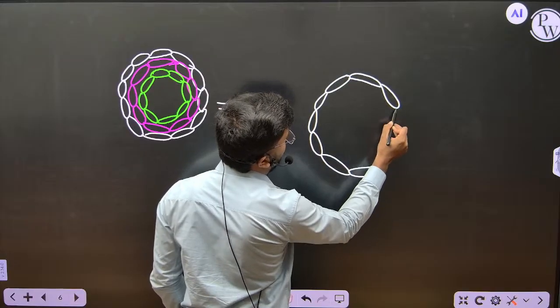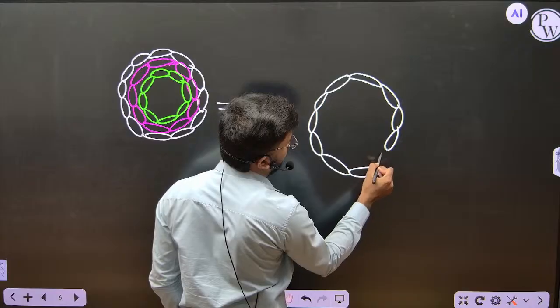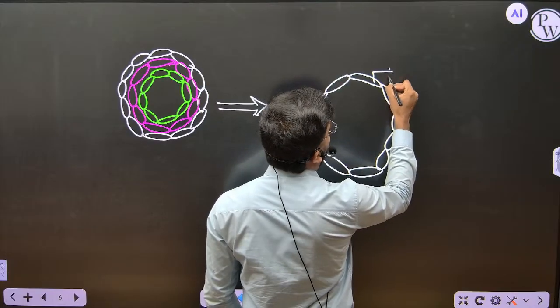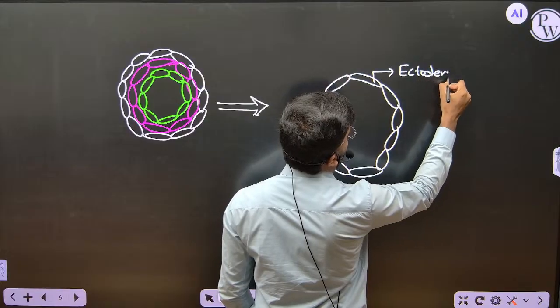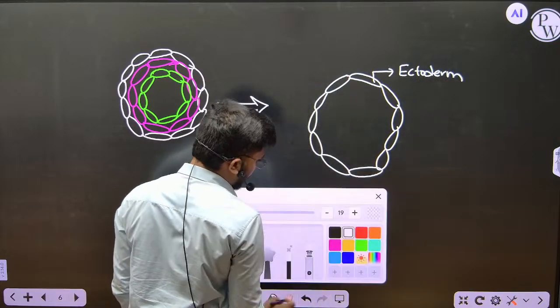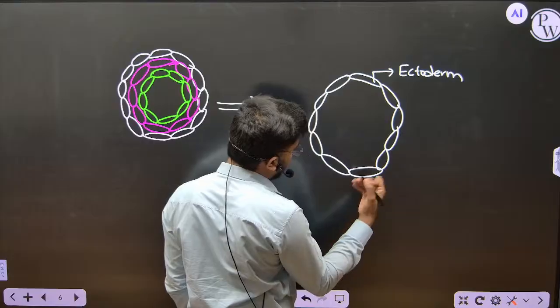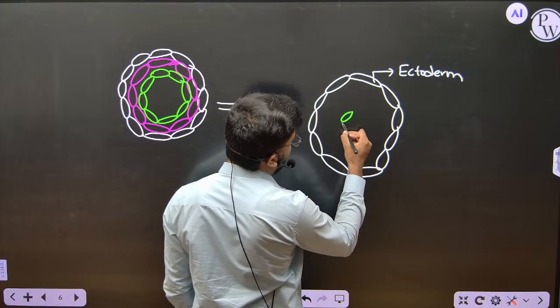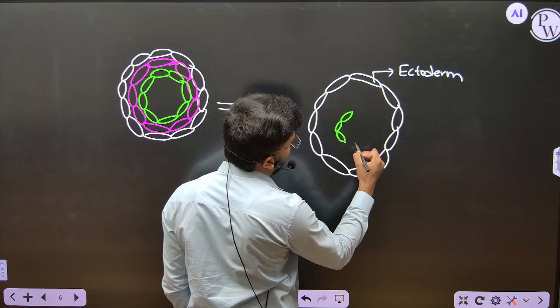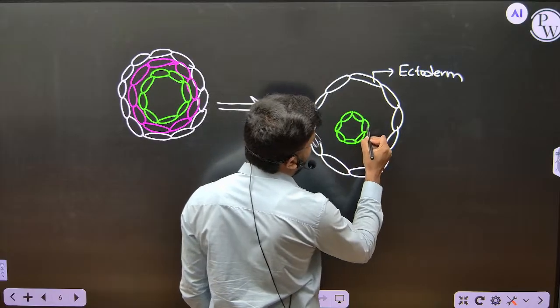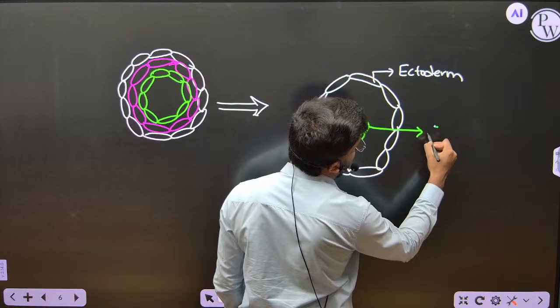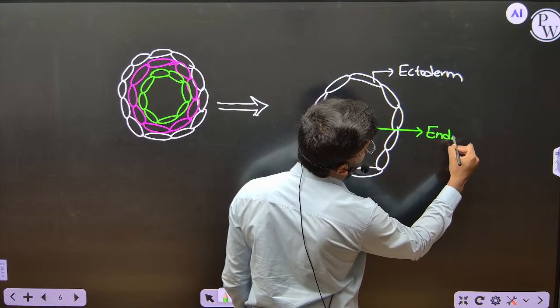Same ectoderm germ layer. The middle layer is mesoderm, I'll speak about that. This is the inner layer. What is the name of the inner layer? Endoderm. Let me label it as endoderm.